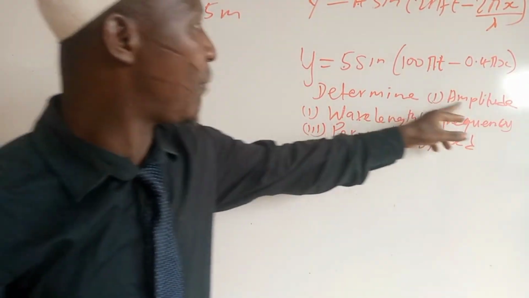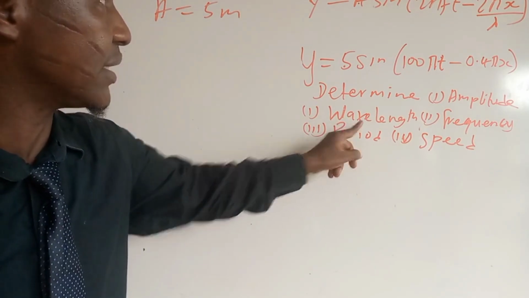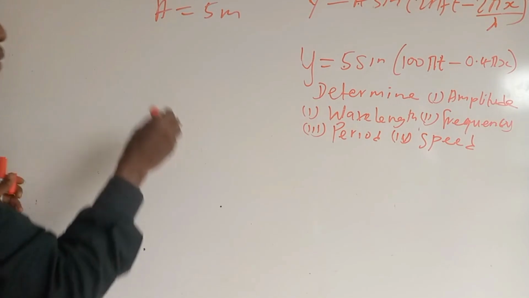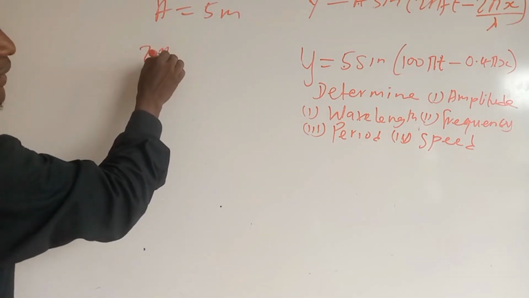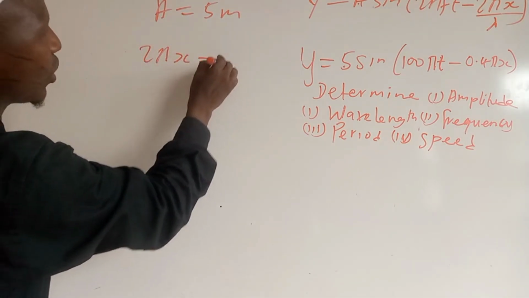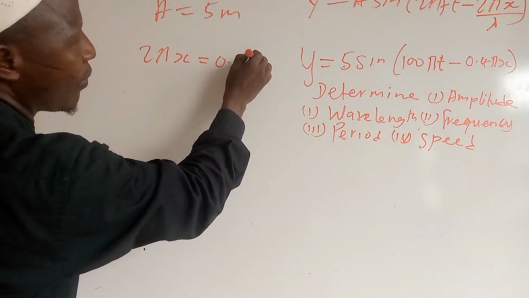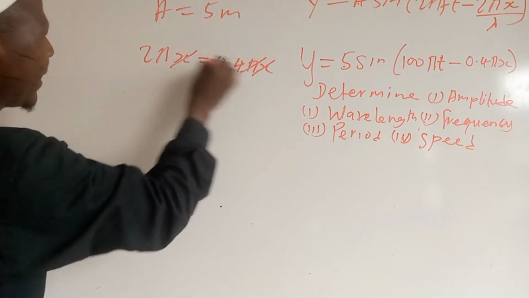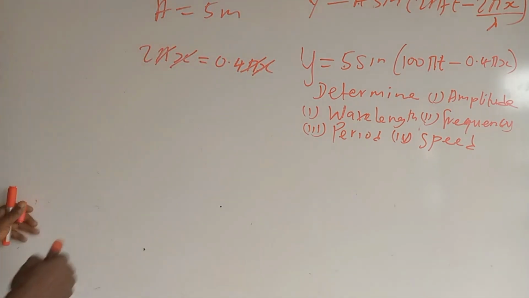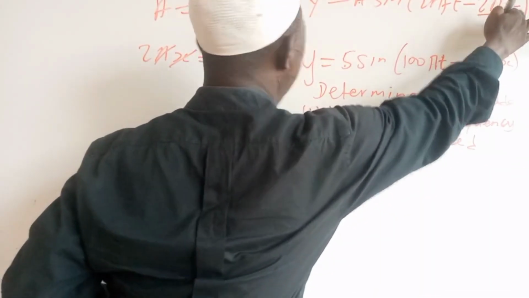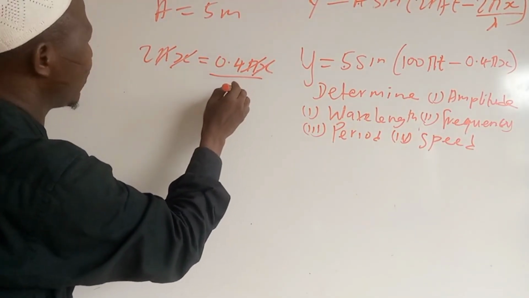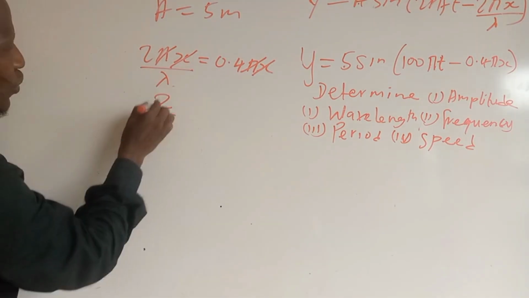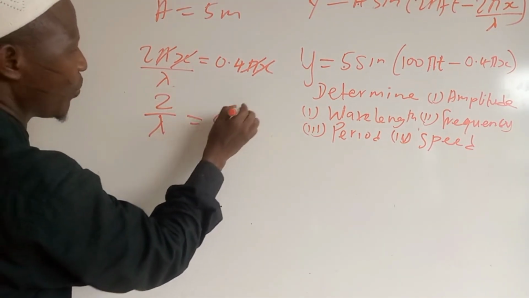So we have found the amplitude. We have done that. The next one is what? Wavelength. So in that case, I will compare this and this together. Therefore, we are going to have 2 pi x over lambda is equal to 0.4 pi x. So pi cancels pi, x cancels x. This one is 2 pi x over lambda, so look at it, it means 2 over lambda is equal to 0.4.